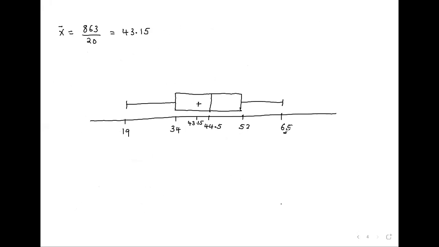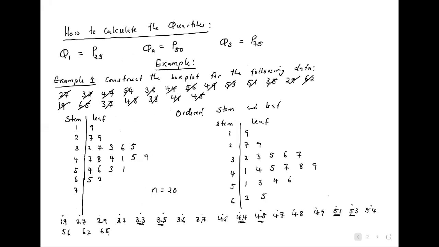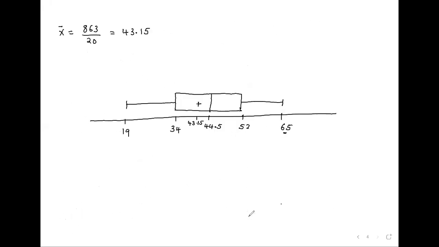For example, if this number here was to be 63, on our box plot we would have put 62 here, and then 65, which would be above it, we would have just put a star at 65, showing that it's an outlier. But now we don't have such a thing, so we don't do that.